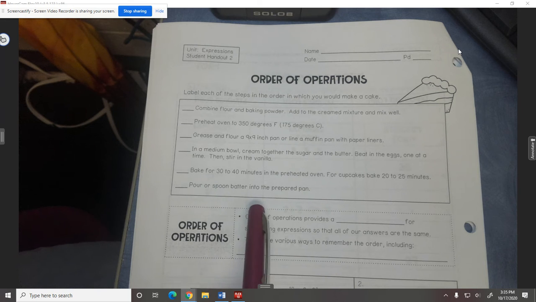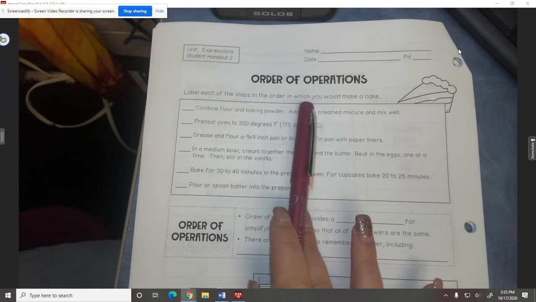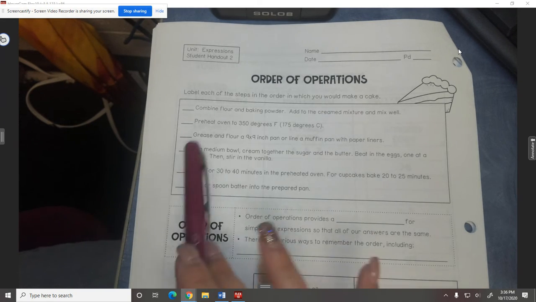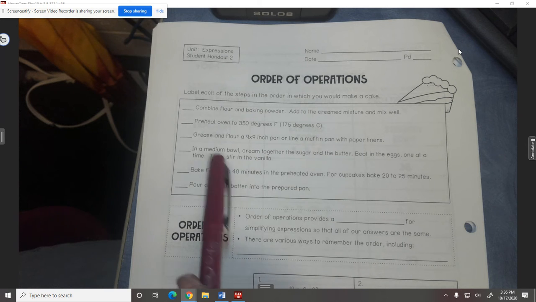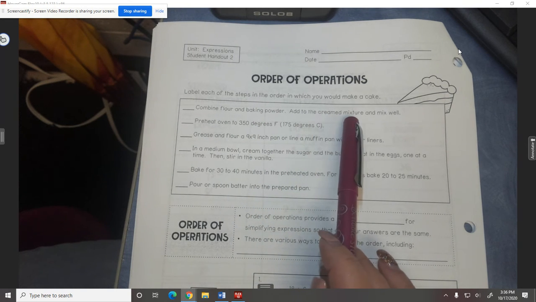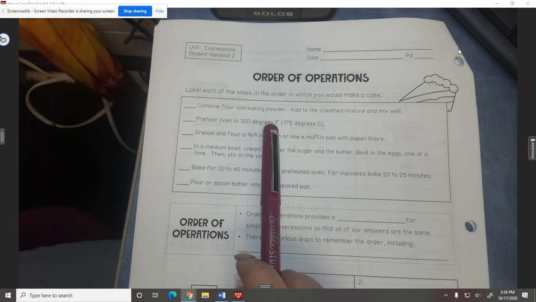You'll see that the first thing here that it tells us to do is label each of the steps in order in which you would bake a cake. So I want you to read over these. It says combine flour and baking powder, add to the creamed mixture and mix well. Preheat oven to 350 degrees.